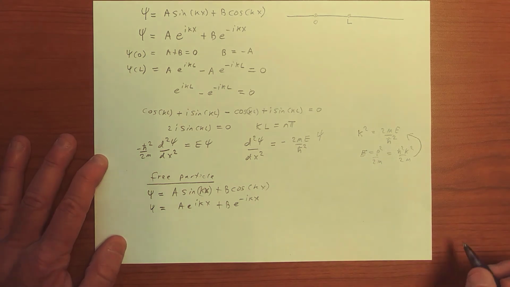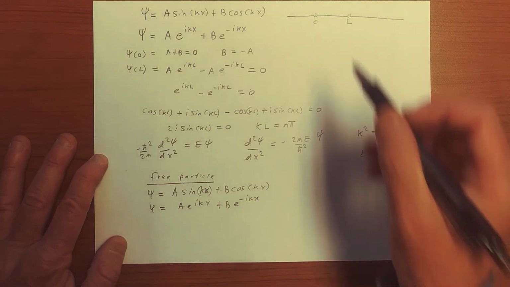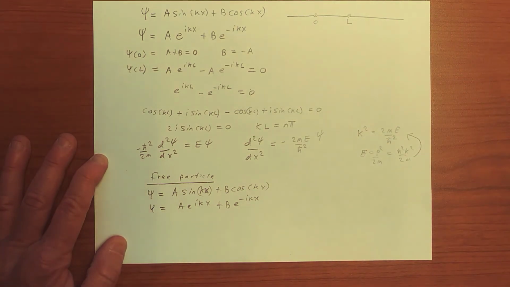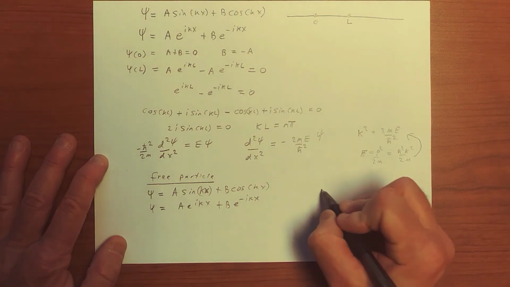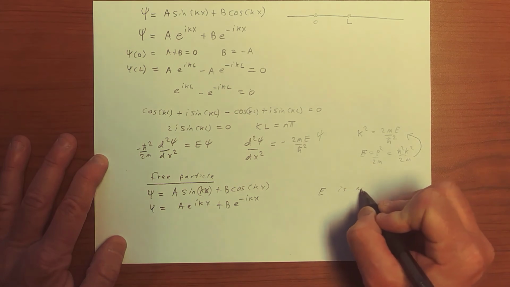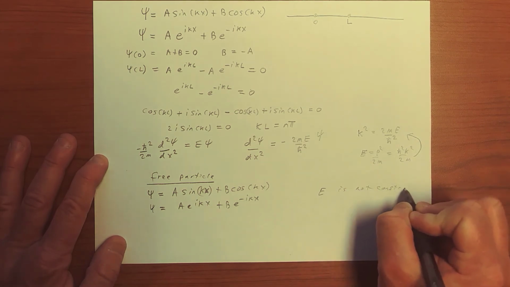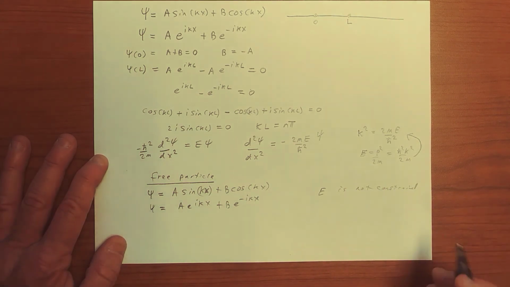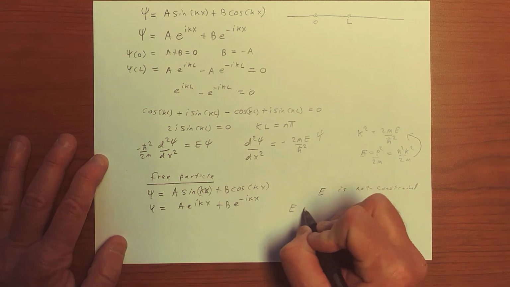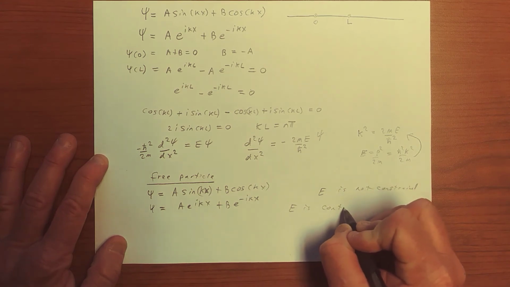So it turns out the free particle is actually harder than the particle that has some kind of constraint, like the particle in the one-dimensional prison. E is not constrained for the free particle, so it's actually not discrete. It can have a continuous range of values. So E is continuous.